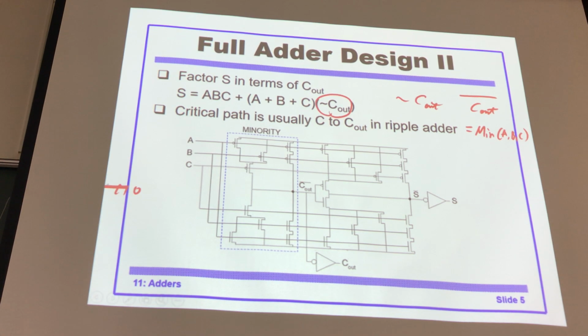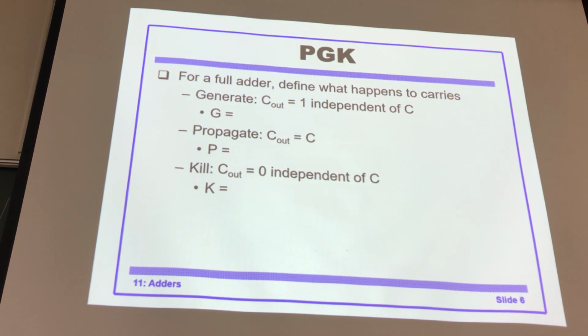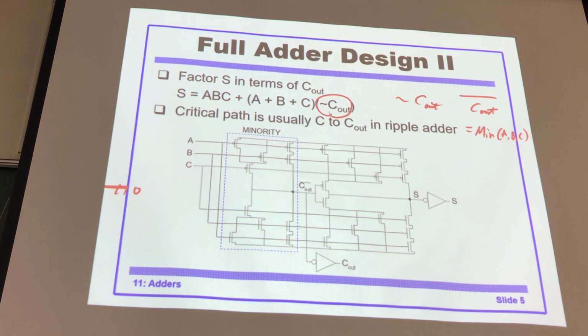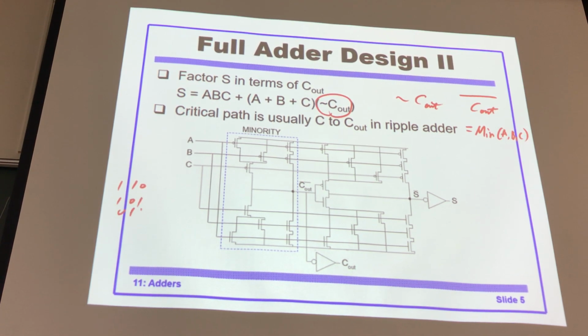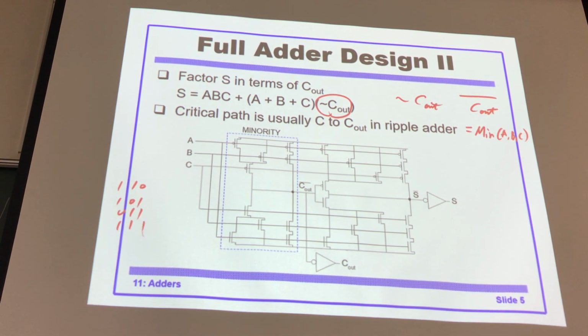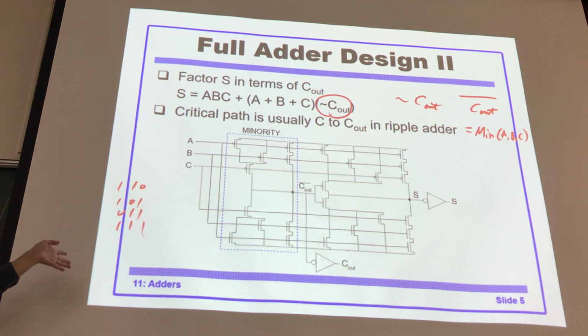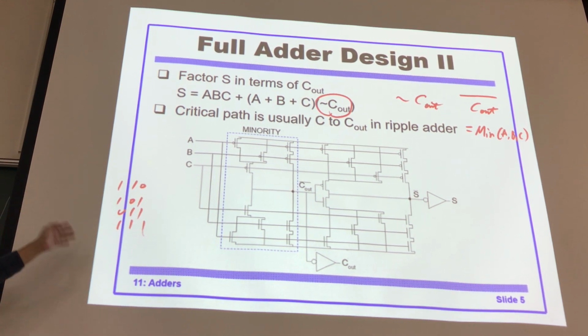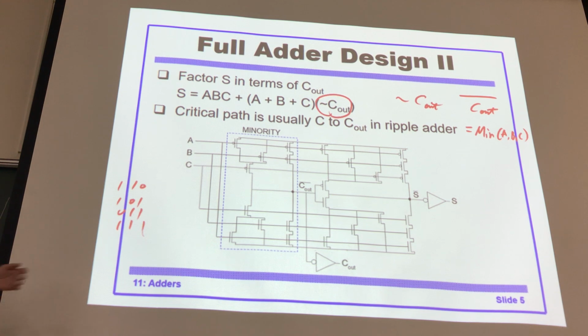1, 1, 0. Three people are voting. 1 means raise your hand, 0 means you don't raise your hand. Three guys. If two or more people raise their hand, then they vote yes. Is that right? We call that a majority circuit. But what is a minority circuit?